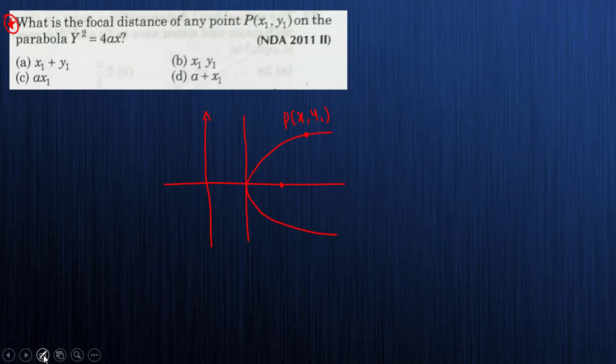So by definition of the parabola, this distance is PS, and this distance is PM. So PS by PM is always equal to 1, because the distances PS and PM are the same. Okay, so PS equals PM.